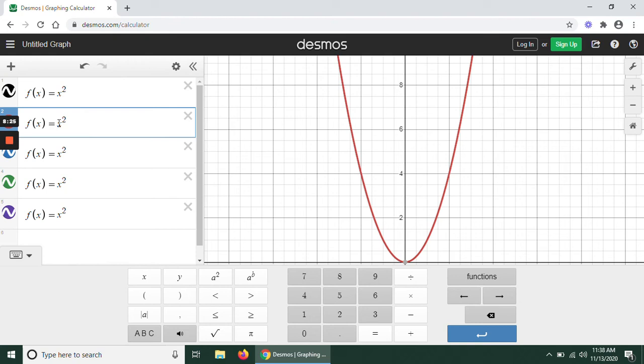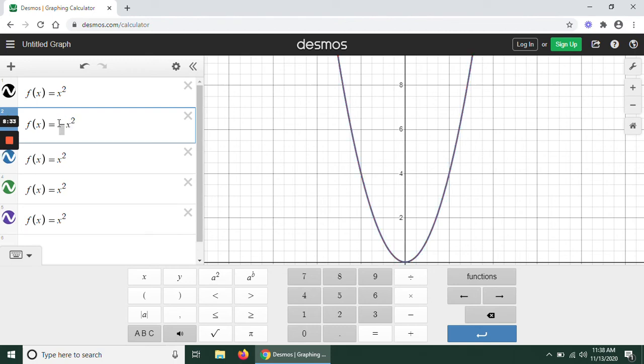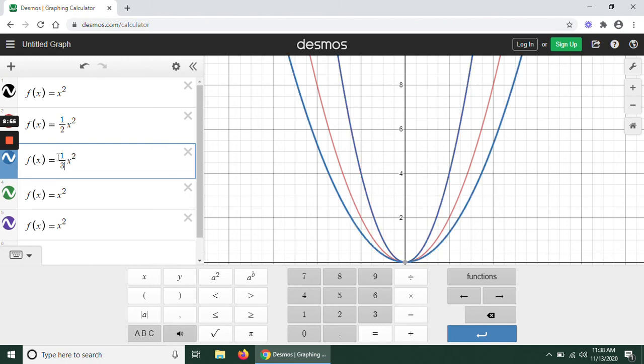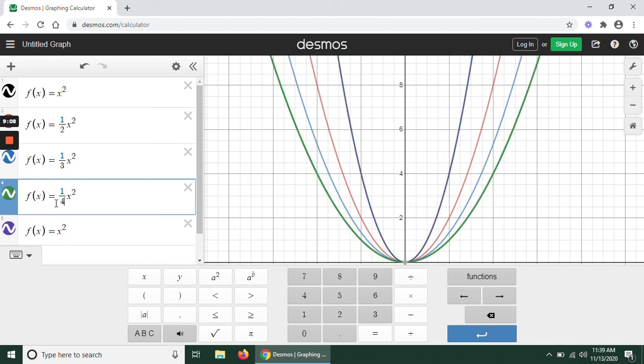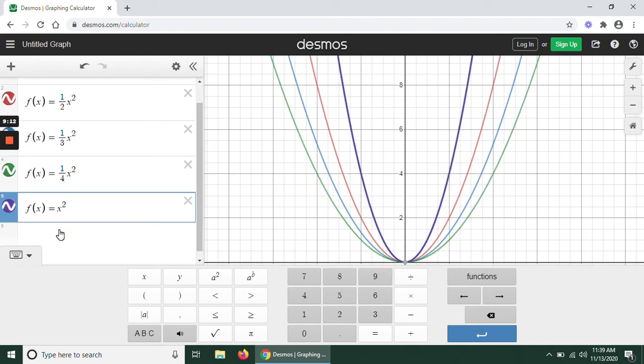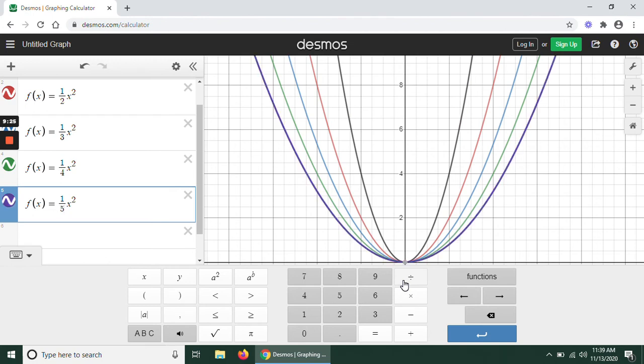So this is going to be a half, 1 over 2, and this is going to be a third, and this is going to be 1/4, and let me make this one 1/5.